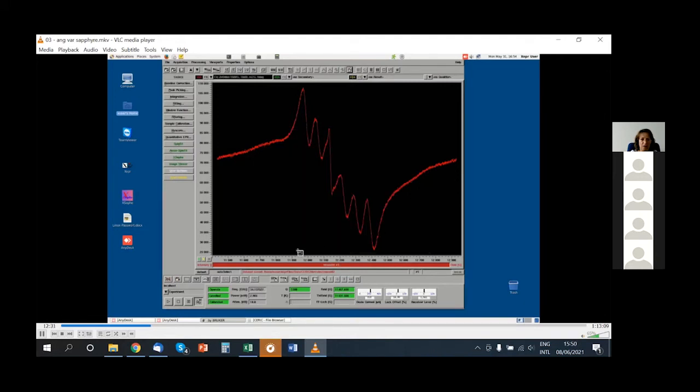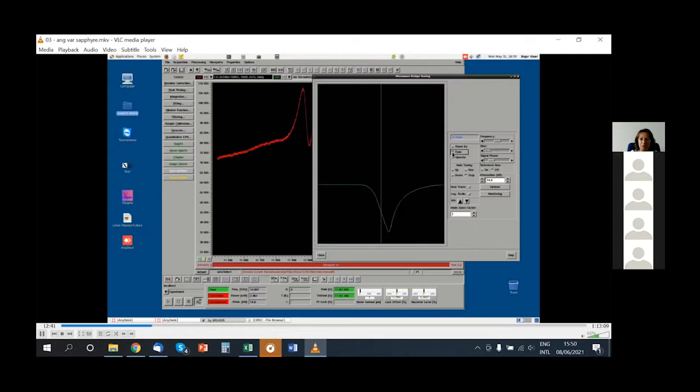So these are optimum parameters to start the sample rotation.